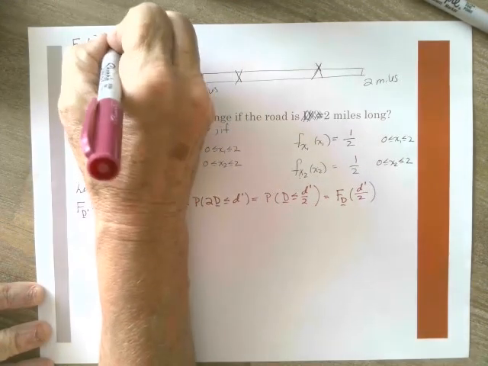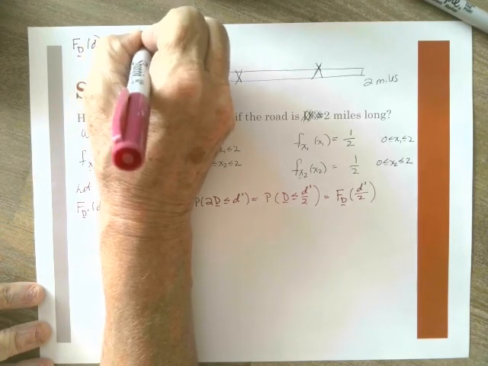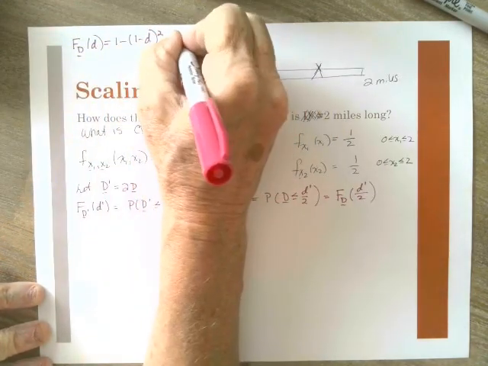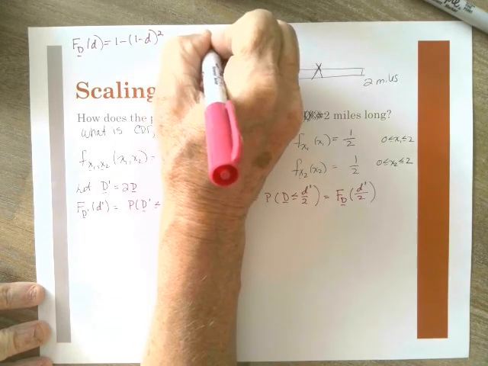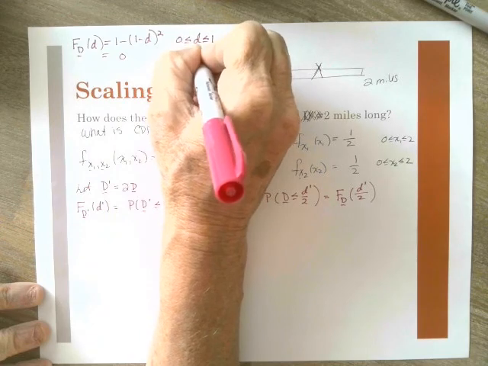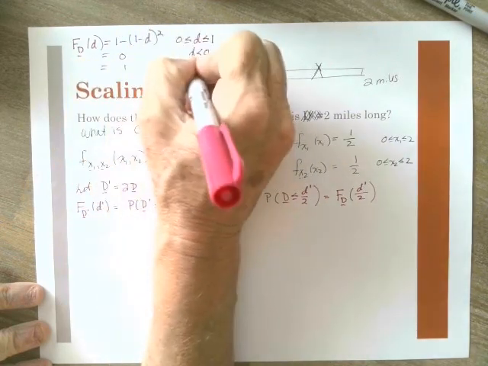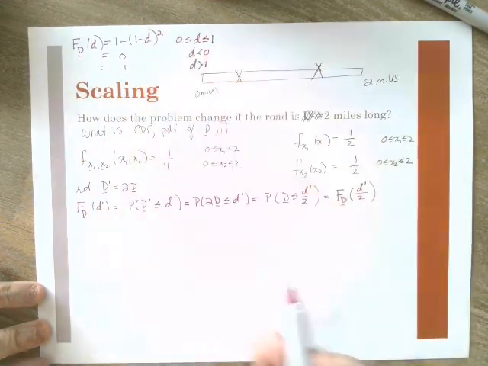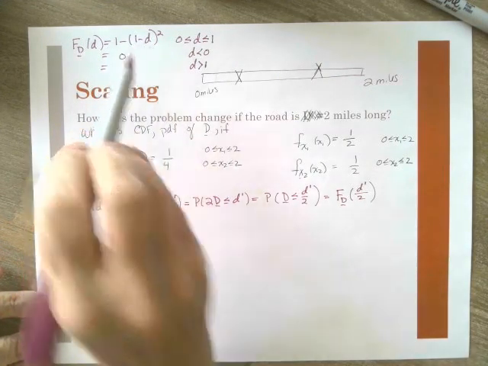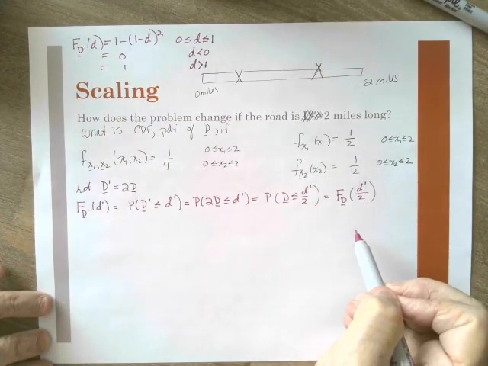That was 1 minus d squared for 0 less than or equal to d less than or equal to 1, and of course it was equal to 0 when d was less than 0, and equal to 1 when d was bigger than 1. So now we're going to take this function, but wherever we see a d, we're going to put d prime over 2.